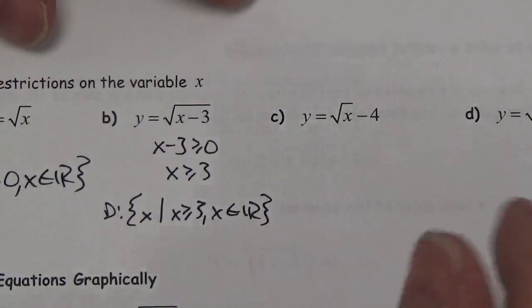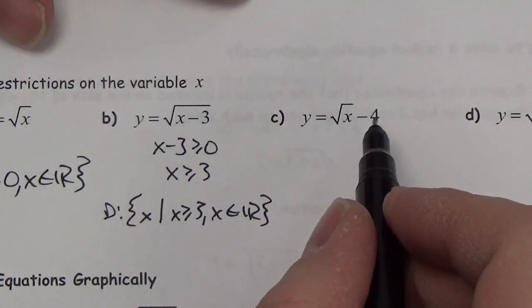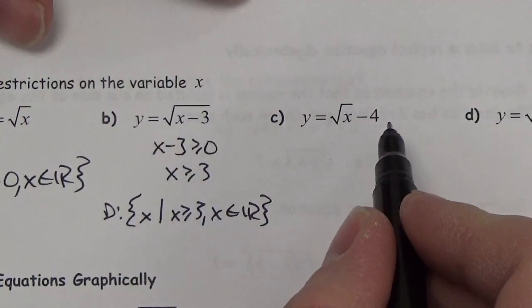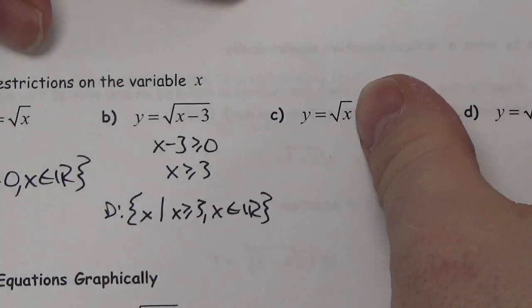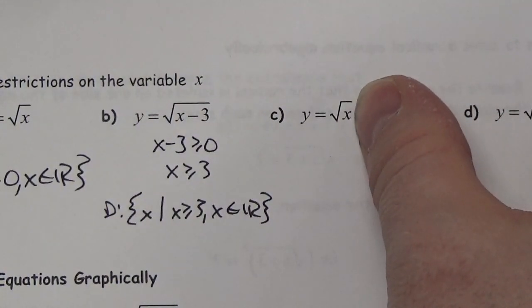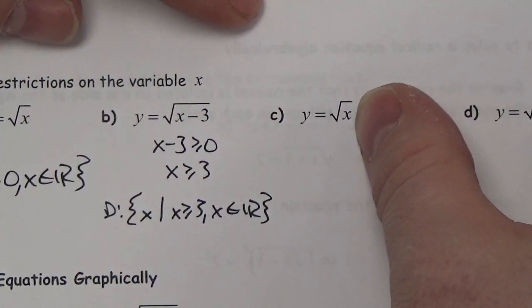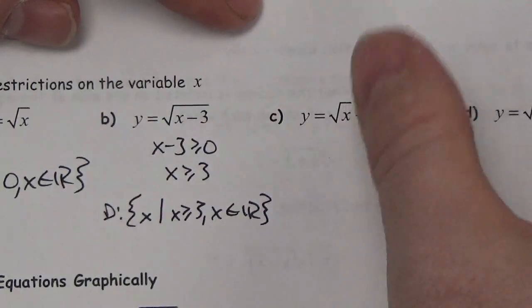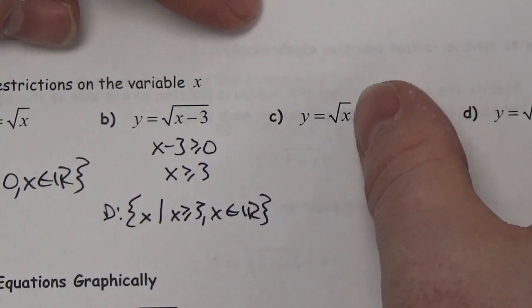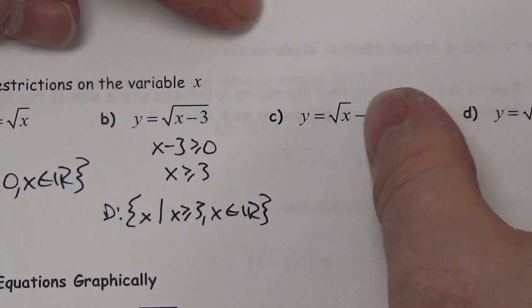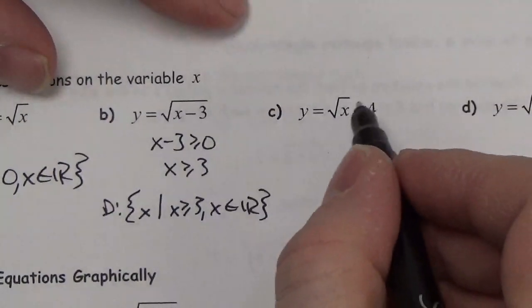Now, look at this one. That minus 4 happens after the radical is done, after the root is over. So that negative 4 actually has no impact on the domain of the function. Whatever I'm going to do to x, I've already done it with the square root. That negative 4 is happening afterwards. This is actually causing a vertical change.